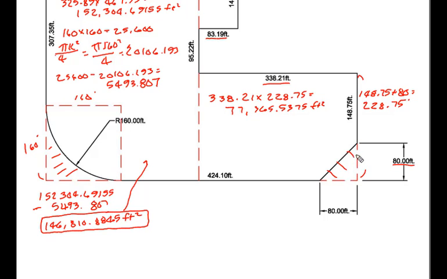We know that it's 80 foot by 80 foot, and the area of that is going to be 1/2 the base times the height. So we say 1/2 times 80 times 80 equals 3,200.